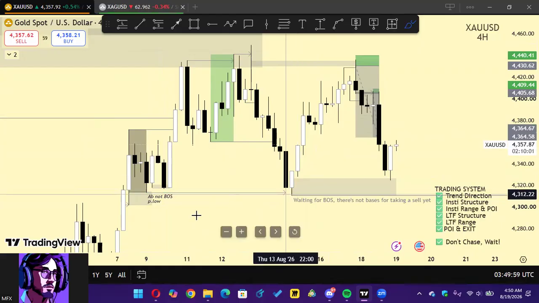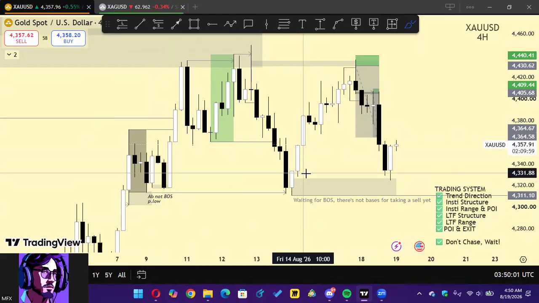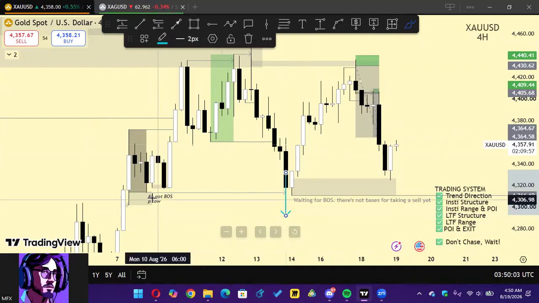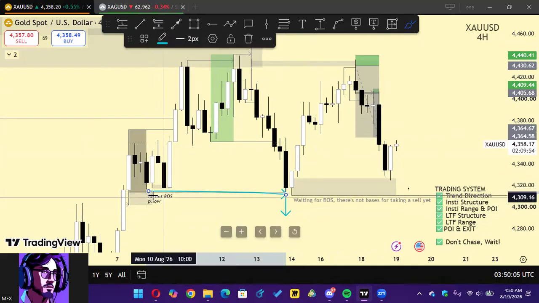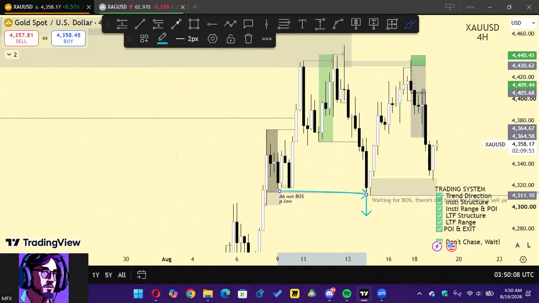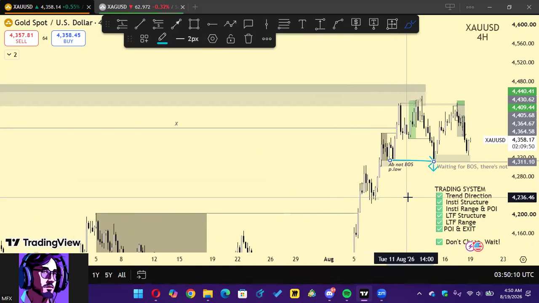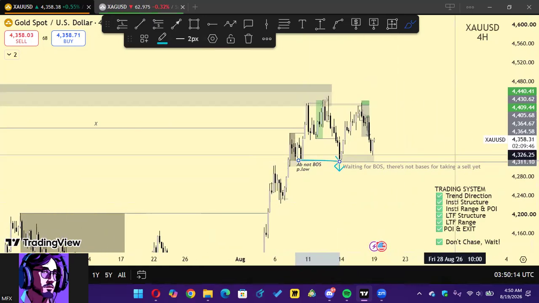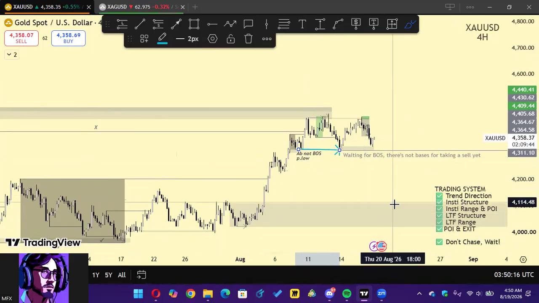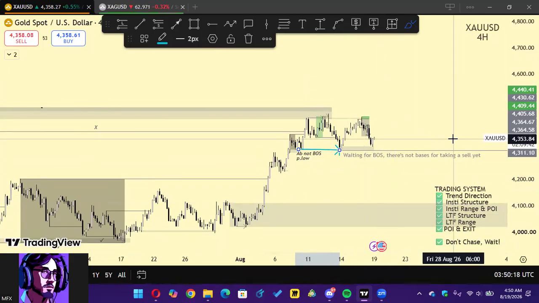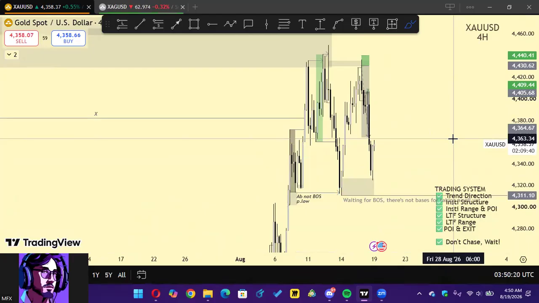So I was like, okay, I'm still going to be careful. I'm still going to watch this because we didn't get a good break of this protected low. Once this has been broken, it's going to be a lot of sells, just like a freeway. I'm just going to see price selling straight up until we get to this right here. Let's continue.